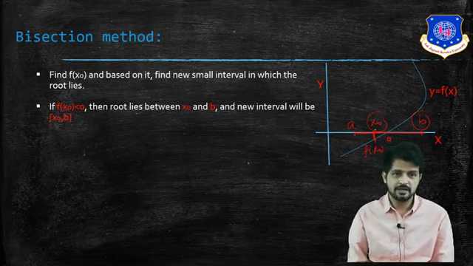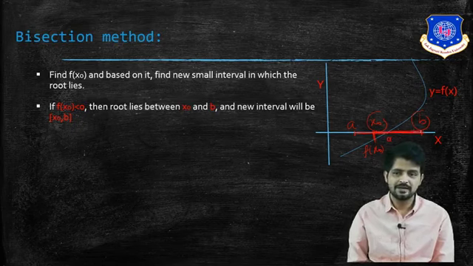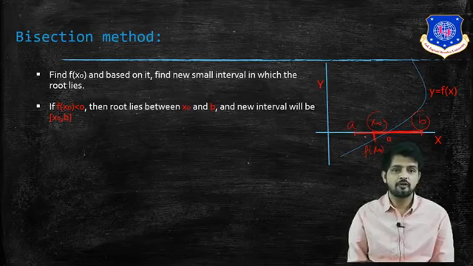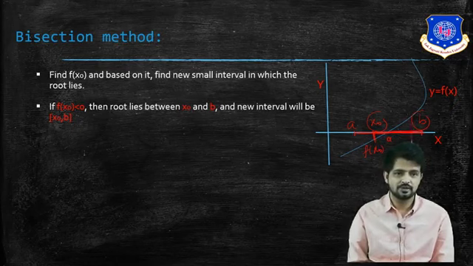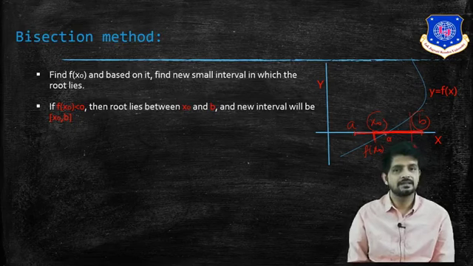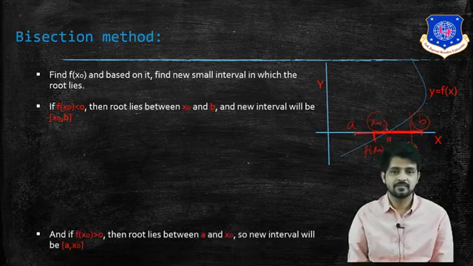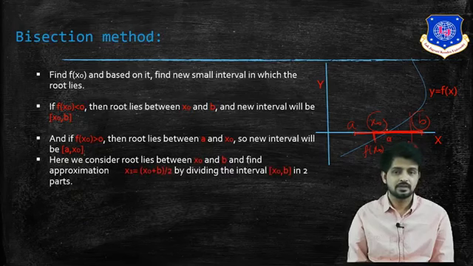So if my f of x0 is negative, then my root lies between x0 and b. So my interval will be reduced to x0 comma b, and if f of x0 is positive, then I can say my root lies between a and x0. But in this case we will consider our root between x0 and b.